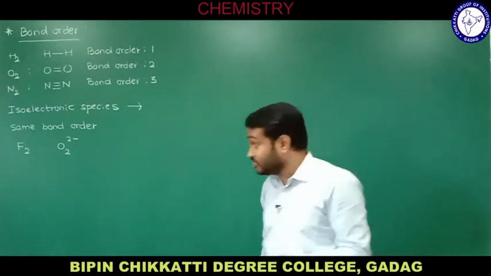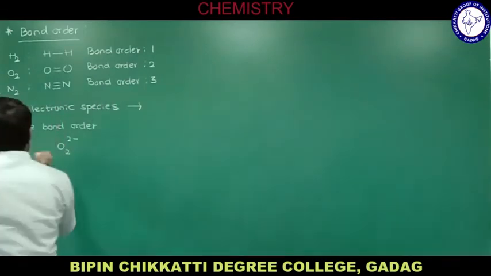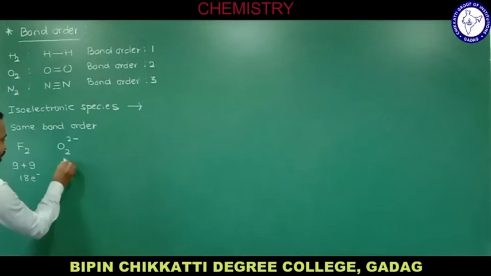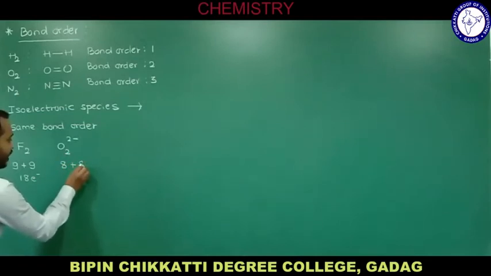First, let us see how these two are isoelectronic species. As I told, you need to calculate the number of electrons. Fluorine has atomic number 9, so protons are 9 and electrons are also 9. We have 2 fluorines, so 9 and 9, 18 electrons. So in F2 we have 18 electrons. In the case of oxygen, atomic number is 8, and we have 2 oxygens, so 8 and 8.